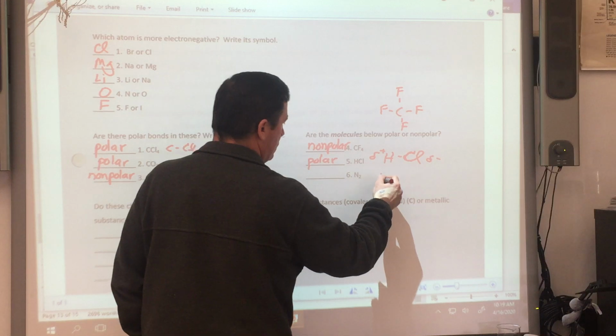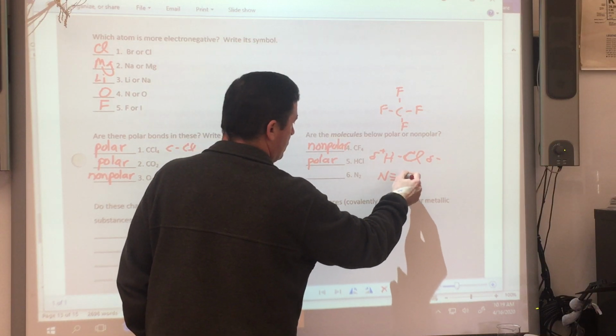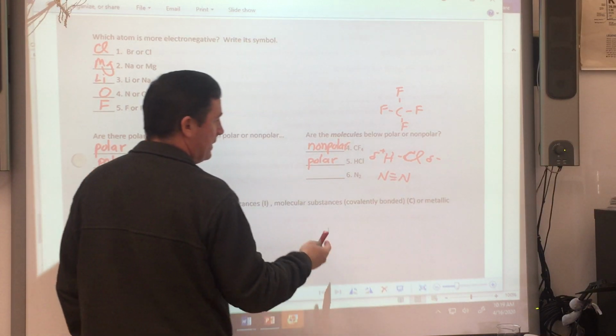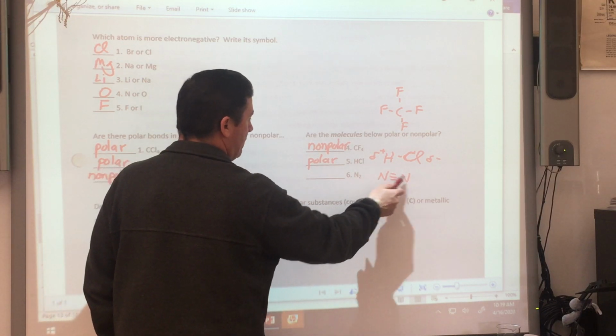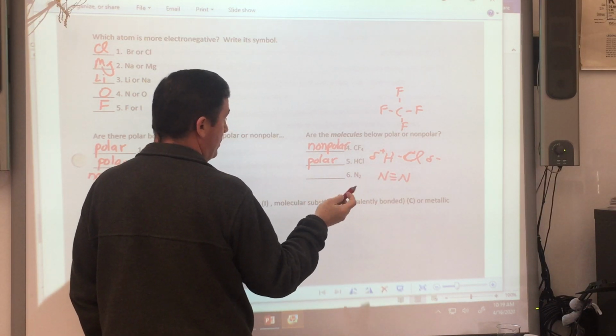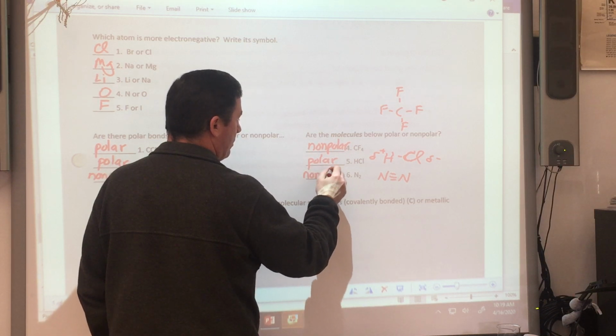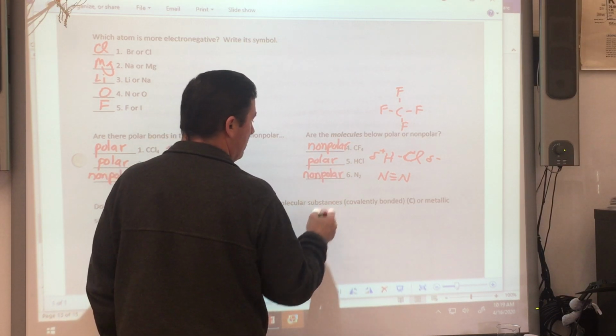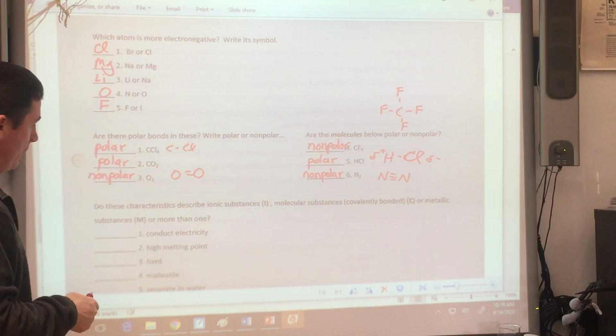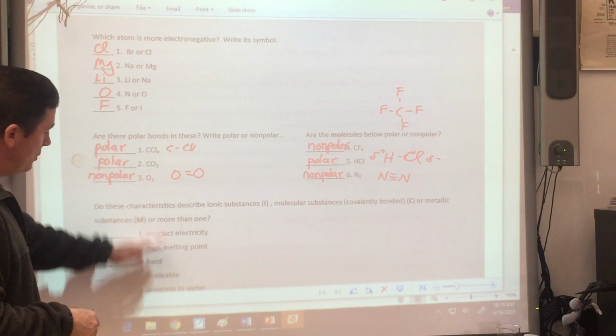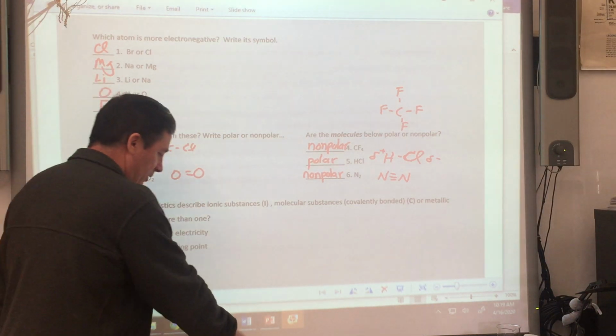And then N2. N2 is put together with a triple bond. Since we have two of the same atoms, they have the same pull. And if they have the same pull, one isn't overpowering the other one, so this is a non-polar molecule. Okay? So all I want you to do is finish this for your homework.